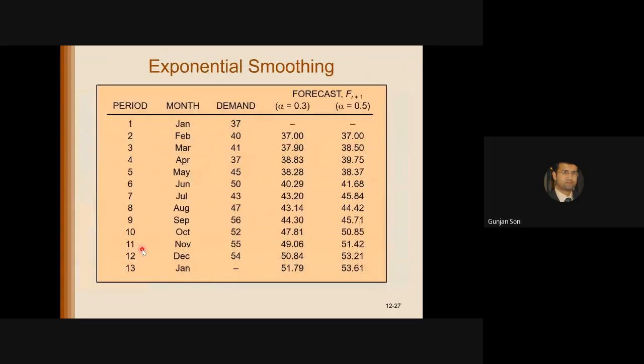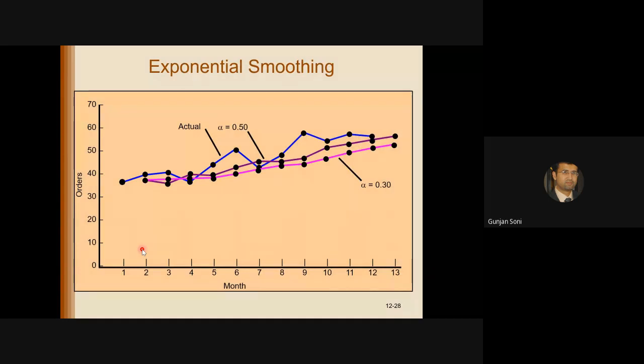So if we take alpha as 0.5, how would that change? Similar kinds of changes you would observe. As you increase alpha, your forecast starts resembling the actual demand more. You can see that the purple one is more wavy as compared to the pink one.